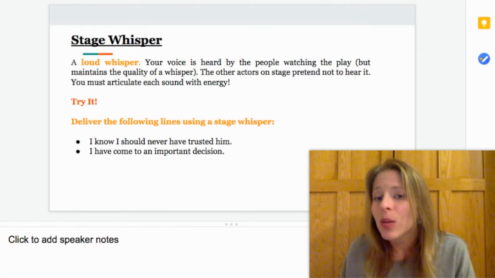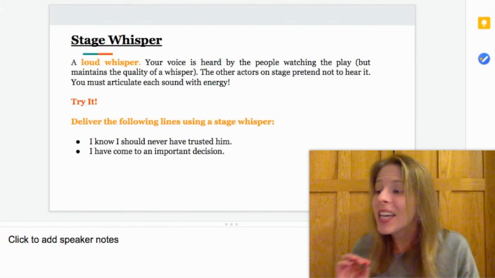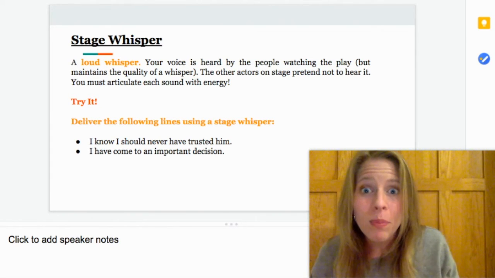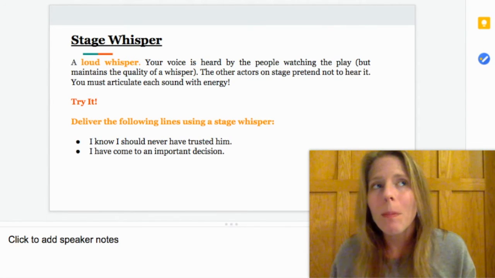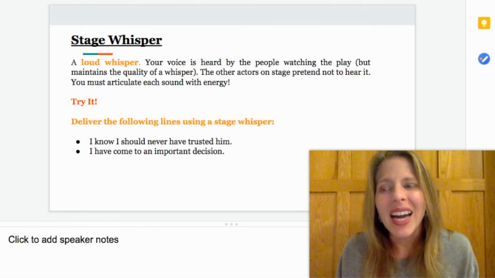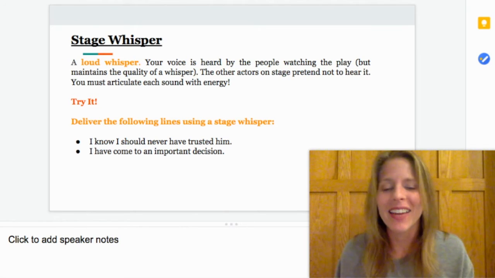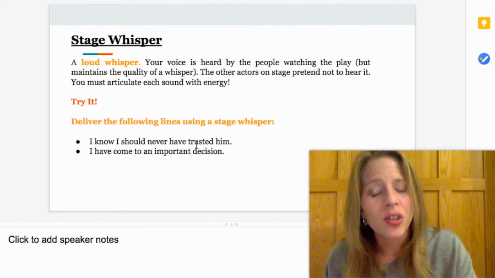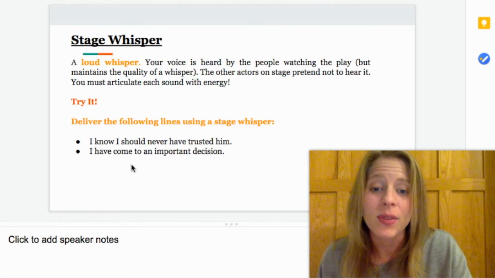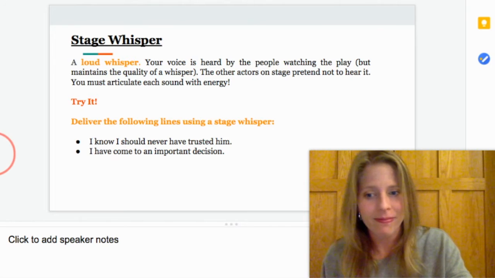So I might whisper like this, and it makes it seem like I'm being really sneaky, and I'm whispering, but really, I'm not. Okay, so you're going to deliver the following lines using a stage whisper. I know I should never have trusted him, and I have come to an important decision.